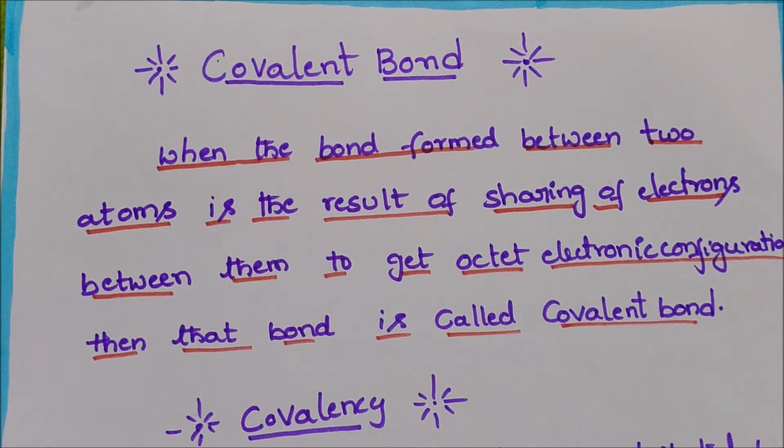In covalent bond, the bond formed between two atoms by sharing of electrons to get octet configuration is called covalent bond. What is covalency?